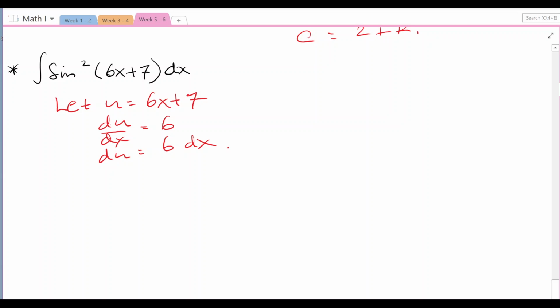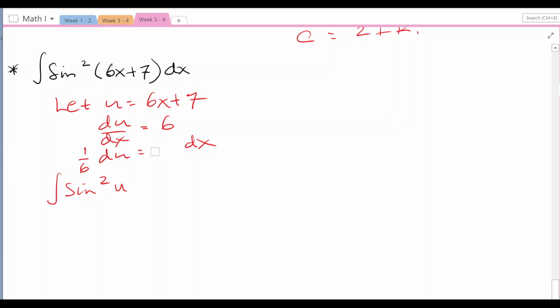Let's proceed. And therefore the question will become the integral of sine square u, where u is 6x plus 7. Apparently it is better to change this to dx equals 1 over 6 du.